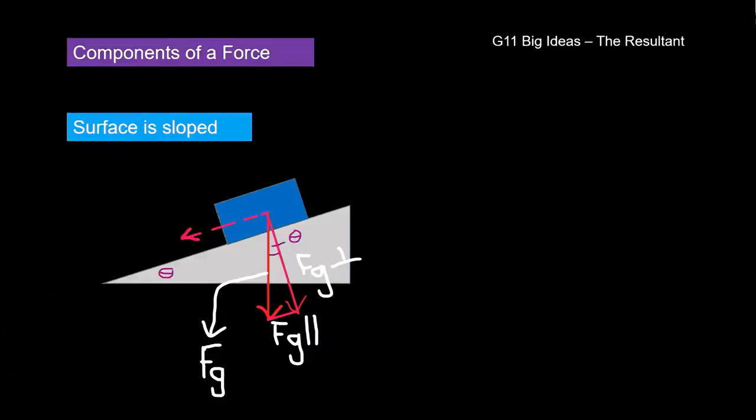Next scenario of having components of a force or components of a vector. Instead of having a force or vector that is at an angle, we have the surface which is at the angle. You can see here that we have a slope. So the surface is sloped.